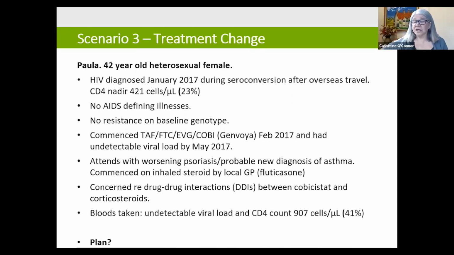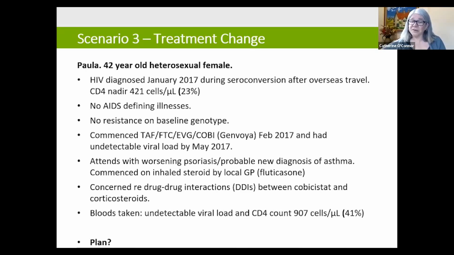You've done her bloods, and she's got an undetectable viral load, and her CD4 count is 907 cells per microliter, or 41%. So what's your plan? And the other thing that I would comment on is whether Genvoya in this situation is an appropriate first drug to put somebody on.